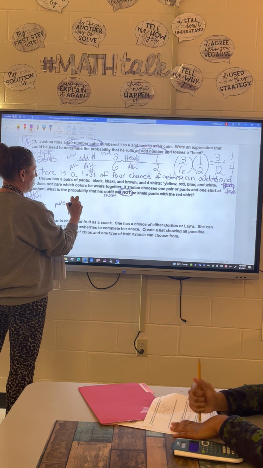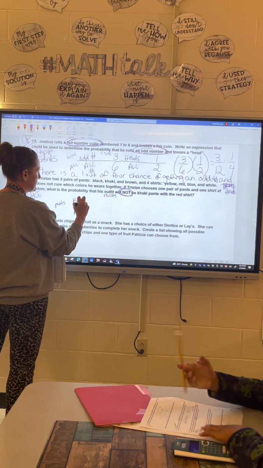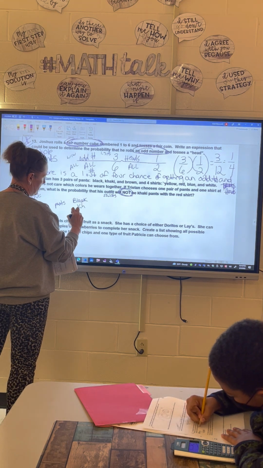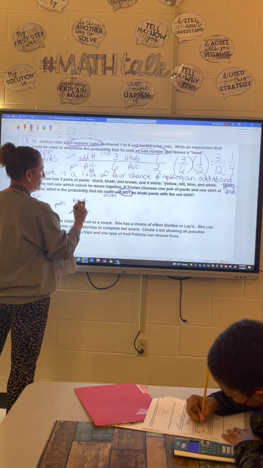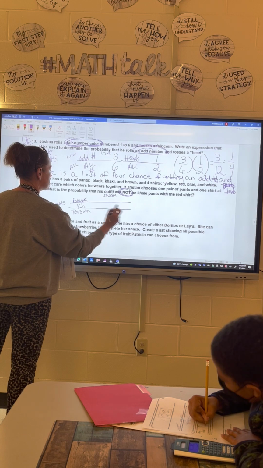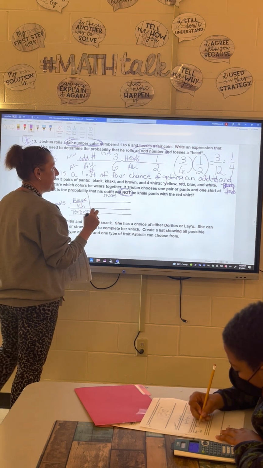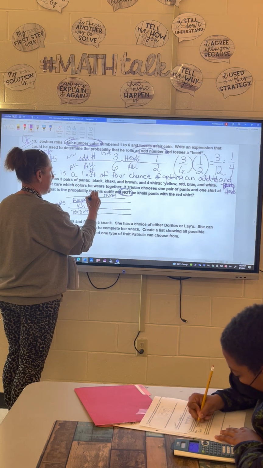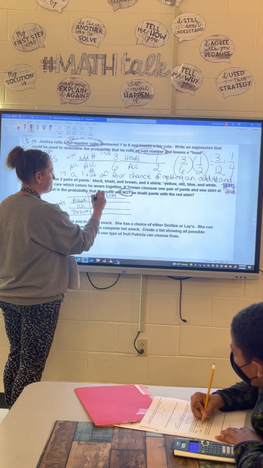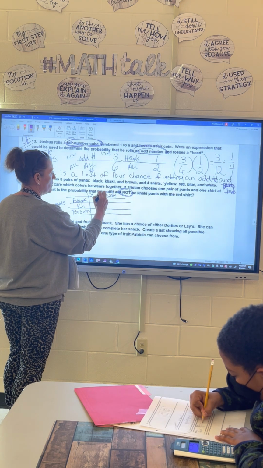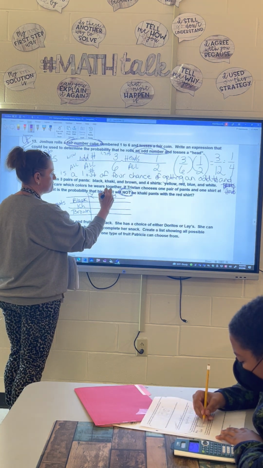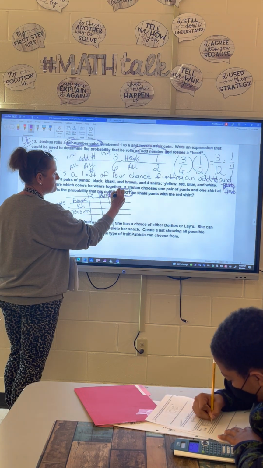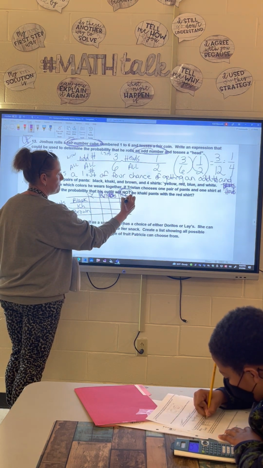My pants are black, khaki, and brown. My shirts are yellow, red, blue, and white.